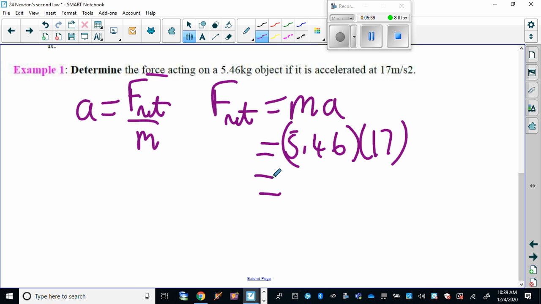I simply multiply those two numbers together. 5.46 times 17 is 93. 93 newtons. 93 kilograms times meters per second squared, which is 93 newtons.